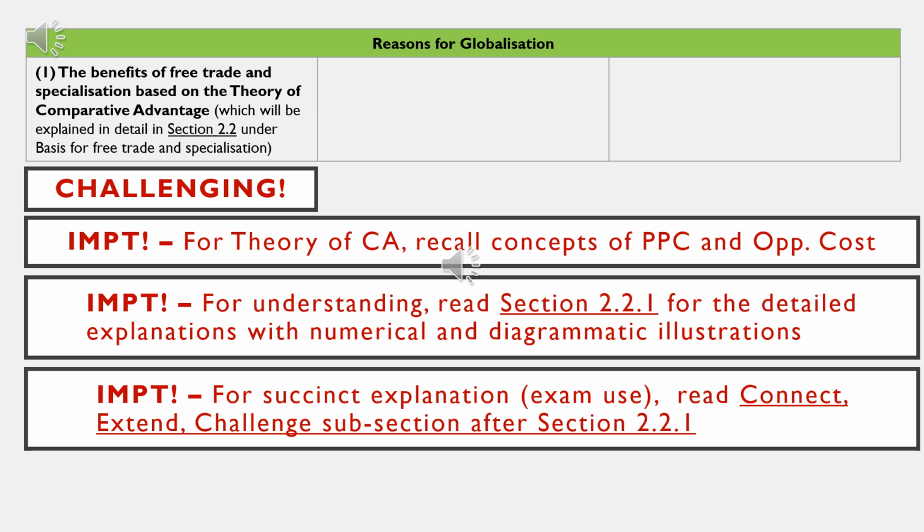Following that, you can read the subsection after section 2.2.1, which is titled Connect, Extend and Challenge. This subsection will help you distill from the detailed explanation and derive a succinct explanation for exam use.